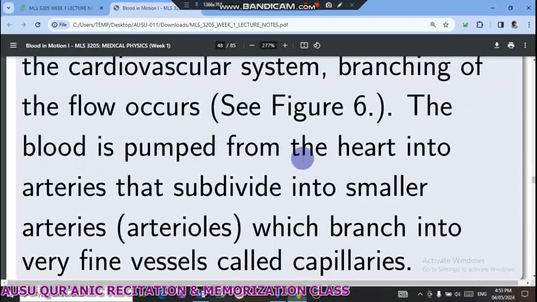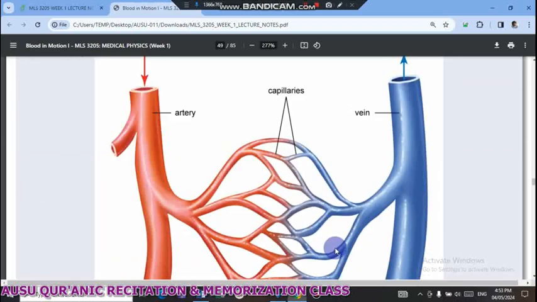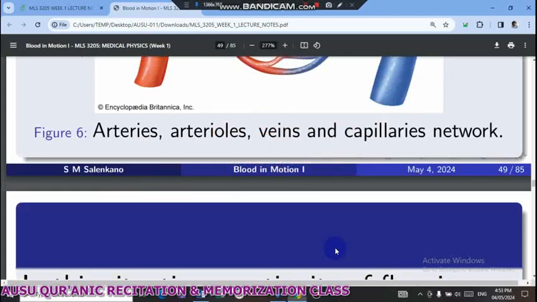The blood is pumped from the heart into arteries. You see so many branches of the arteries that subdivide into smaller arteries, which they call arterioles, which branch into very fine vessels called capillaries, as we can see in this diagram. So what do we do?